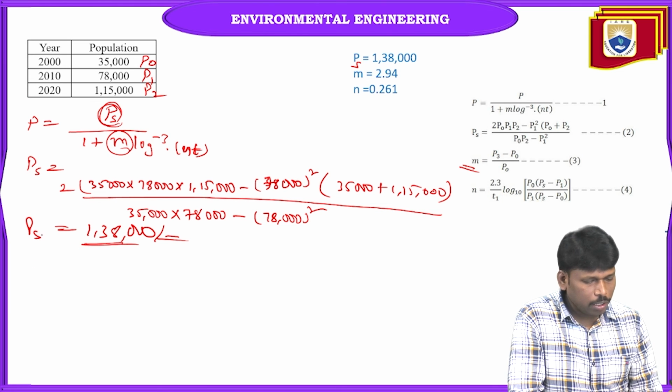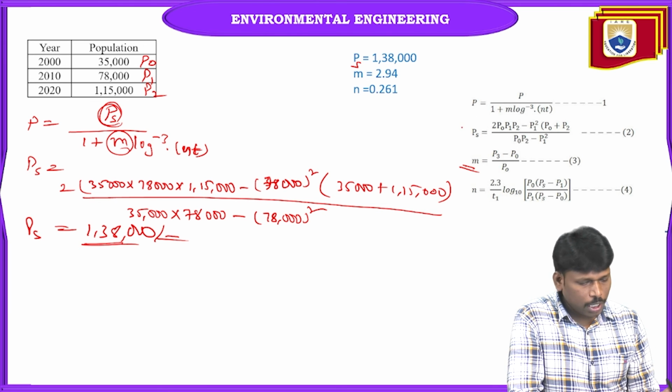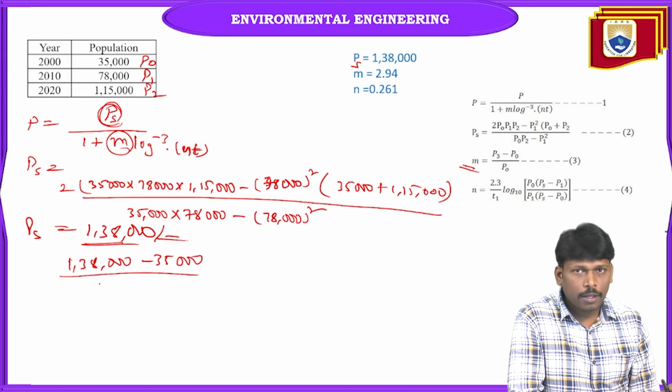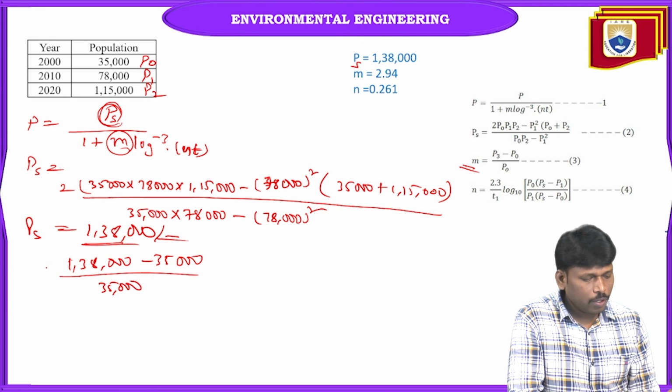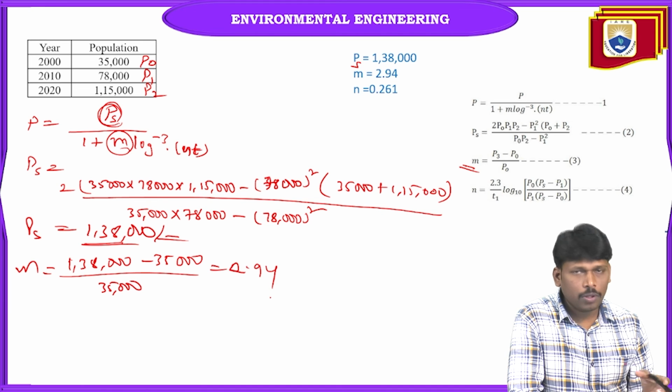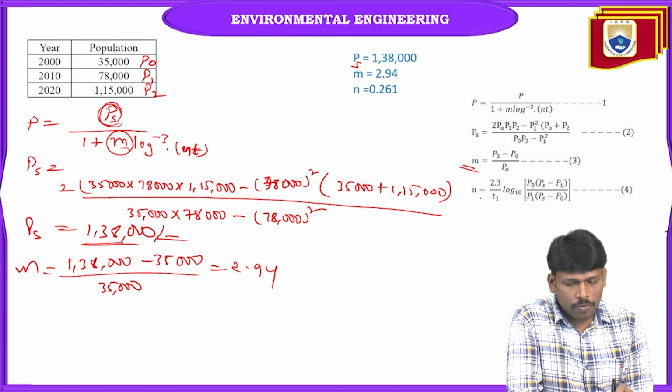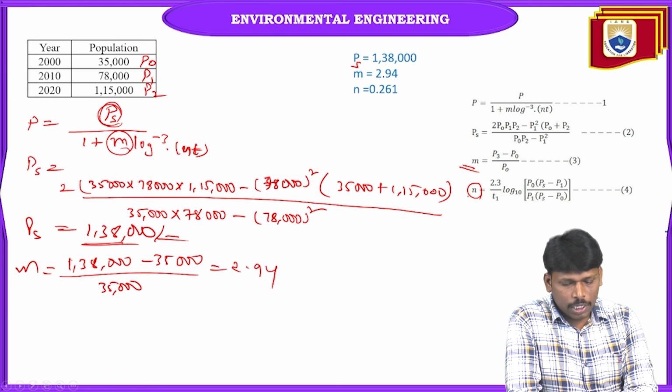This is the saturation point, that is equal to 1,38,000 minus P naught, divided by again 35,000. So in this case, we'll get M equal to 2.94. Then the next step is we need to calculate for the design period.